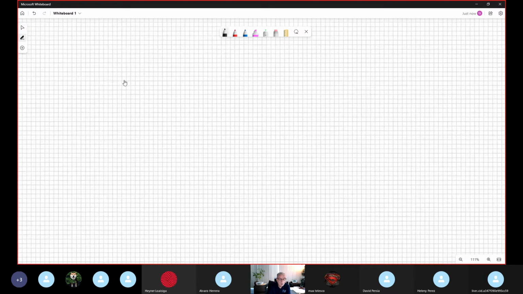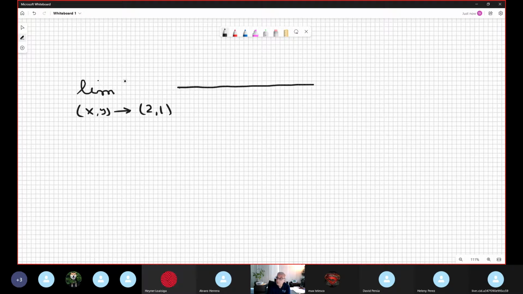You have the limit when x, y approaches 2, 1 of this expression, which can look complicated, but actually it's not, divided by... no, it's minus. Sorry.